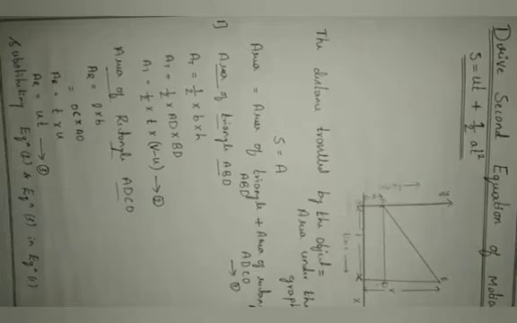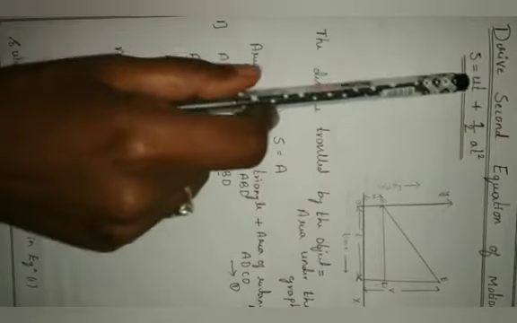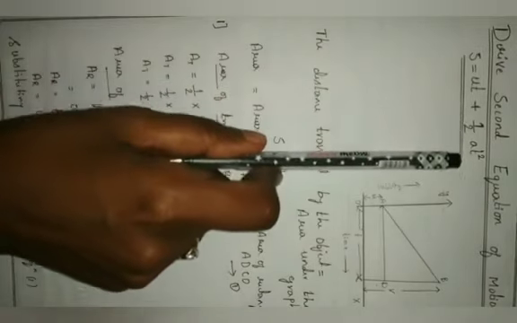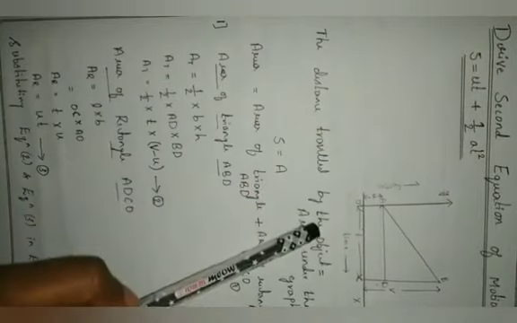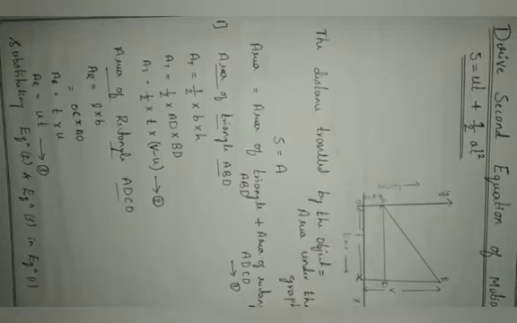I'll repeat again. We have to derive the second equation of motion, S is equal to UT plus half AT square. With the help of the same velocity time graph, we will derive three equations of motion. The first one is V is equal to U plus AT, and now the second equation.